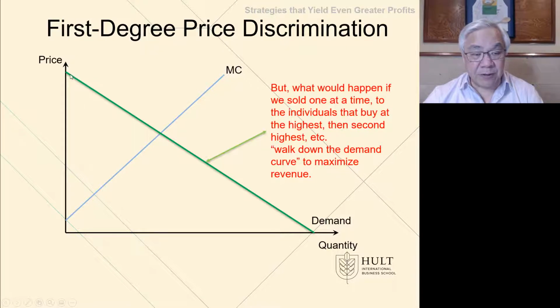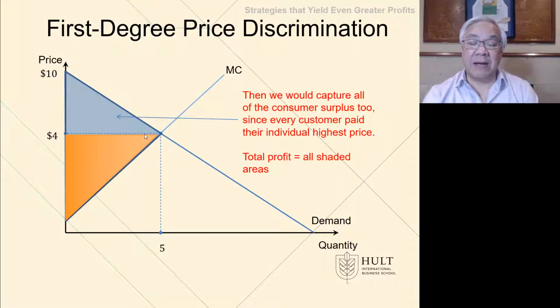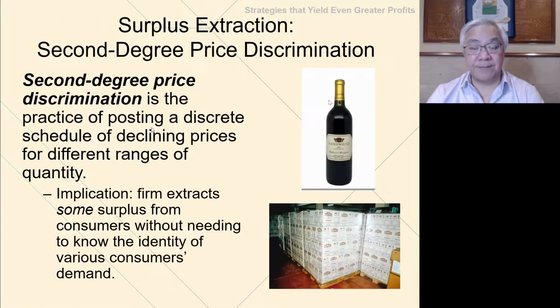So we would capture this as our revenue, not some straight line where everyone pays the same. In that condition, we would capture all the consumer surplus too. We captured this orange triangle when we sold at one price, but now we're capturing the entire surplus too, because we sold at each discrete price all the way down this curve, down to this point, and we captured this triangle too. So in this case, we captured 100% of the consumer surplus.